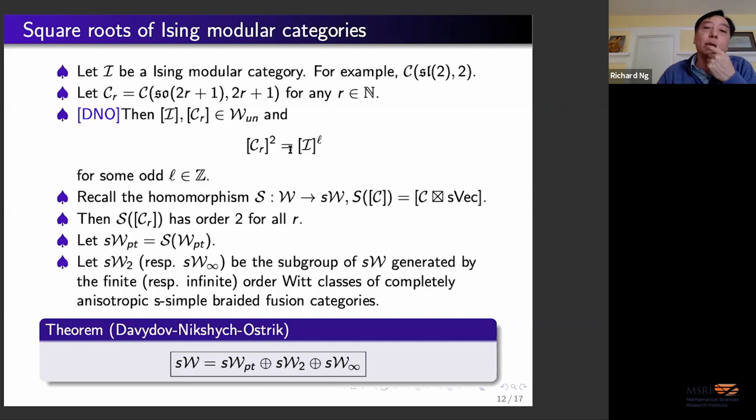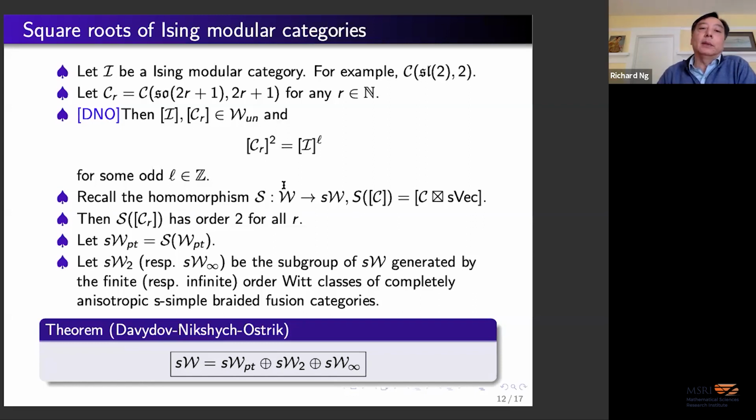And because we know the kernel of this S homomorphism from W to the super-Witt, and all these elements have order 2 under the image of S, on the other hand, that means the group generated by C_L, under the image of S, is an elementary 2-group.